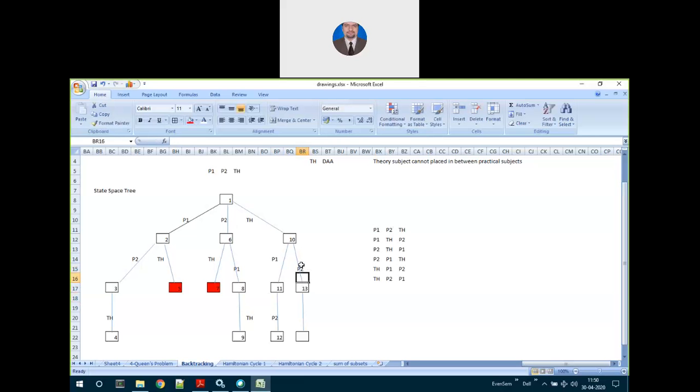Since I include P2 over here, the remaining subject is P1, which I can assign by creating one more node, 14, below node 13. This edge between 13 and 14 is assigned to P1. Like this I get one more valid solution, wherein the bounding function is not violated.